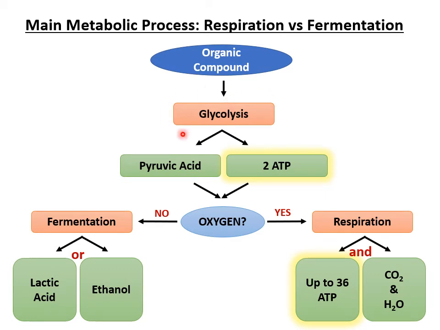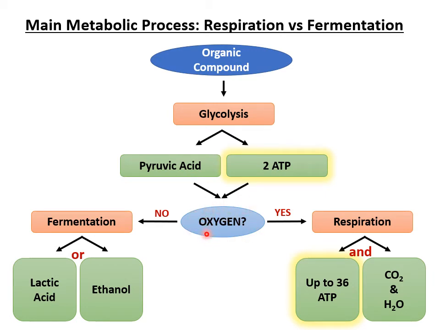And so notice that glycolysis occurs first, and it doesn't matter whether oxygen's present or not. Either way, glycolysis will occur, and either way, this step of glycolysis will produce 2 ATP, 2 pieces of energy. Then what happens next depends on whether there's oxygen present.